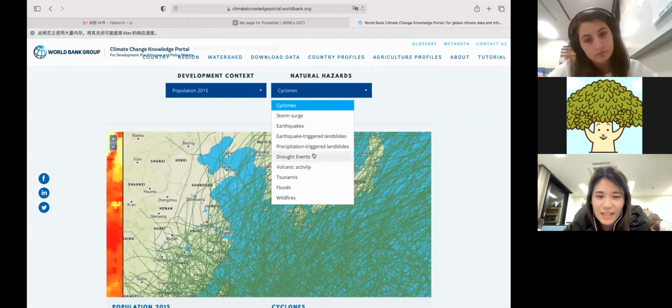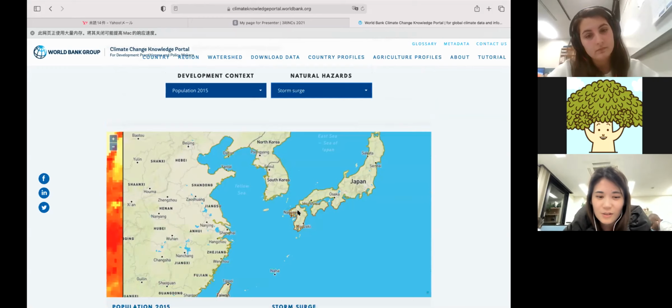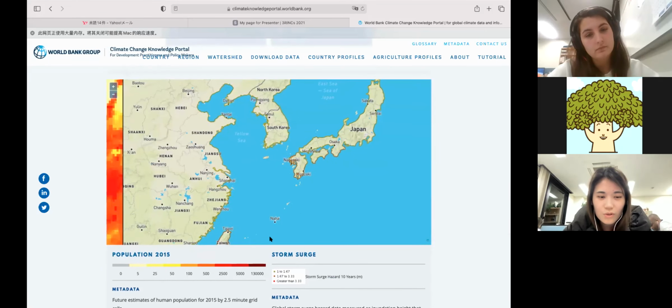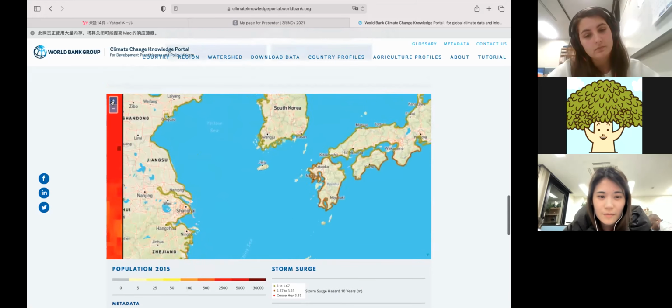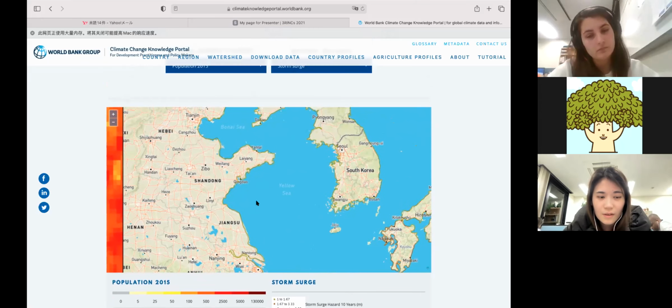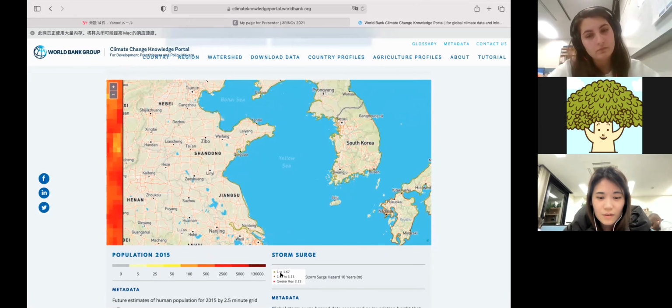Okay. So can I choose another one? Try to see that. Maybe storm surge. The last one. So how could I see that? See the green line or red line along with the coastline. Oh, yeah, this part.